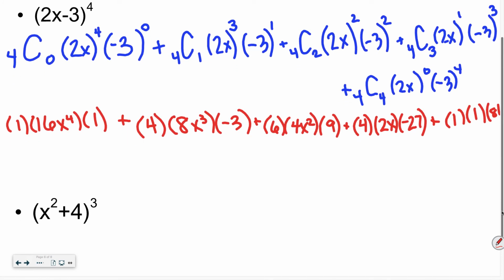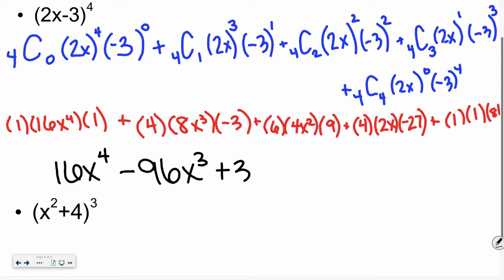Okay? Now, you wouldn't have to do this red step for me because a lot of that could be done in your calculator, but I really want you to see that we have 3 individual numbers that we are multiplying together for one term. Okay? So our answer would be 16x to the 4th minus 4 times 8 times 3, 96x cubed plus, what? 360? 216.